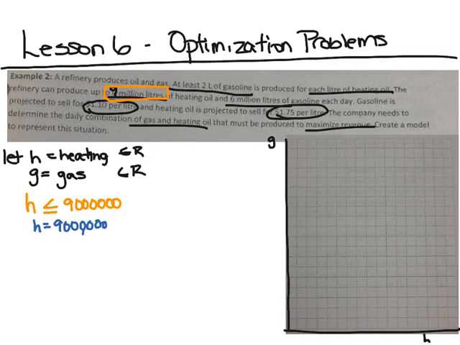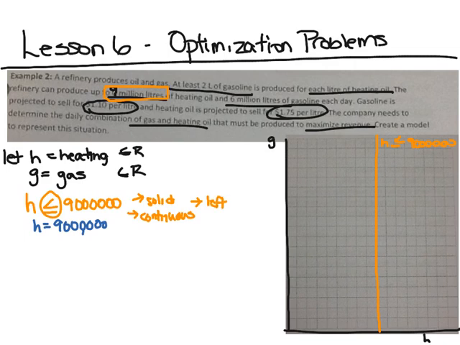So we're going to draw a horizontal line for 9 million. So H is less than or equal to 9 million. So we know that this would be a solid line because of less than or equal to. We know it's continuous. And it's less than, so we're going to be shading to the left. But I'm not going to shade on the iPad because it looks silly.